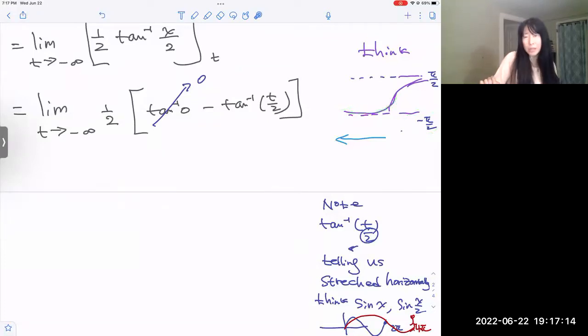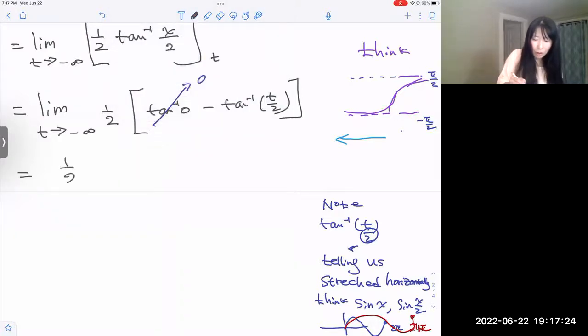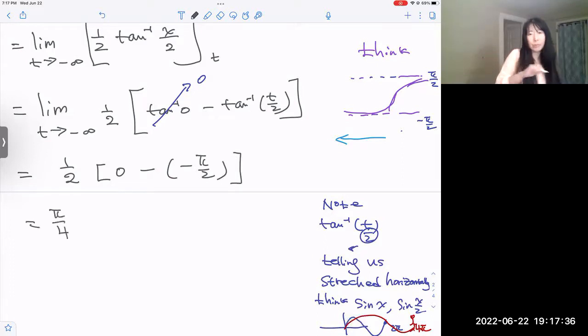So we will have 1 over 2 times 0 minus negative pi over 2. Then we get pi over 4.